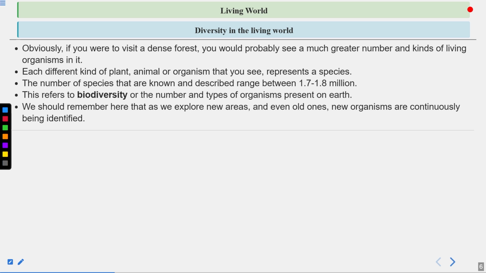As you go to remote areas which haven't been explored, there is a chance you will find new organisms there. So still there are a lot of species that haven't been discovered.